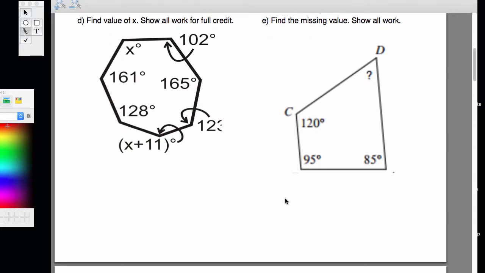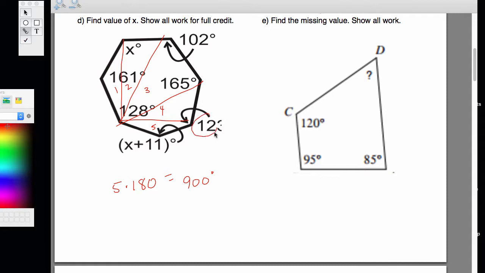Down here, to figure out the number of total interior degrees, you could either use the formula or you could start at one angle and draw your triangles. I have 1, 2, 3, 4, 5 triangles, so 5 times 180, and that's going to give me 900 degrees.